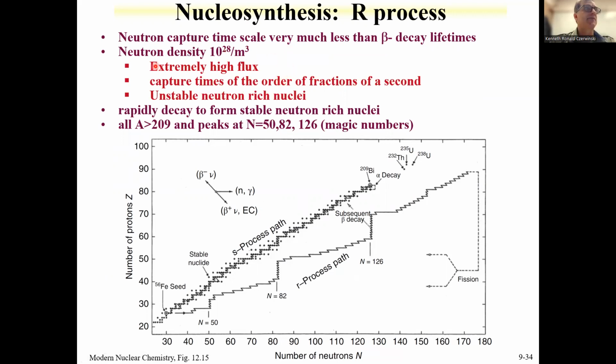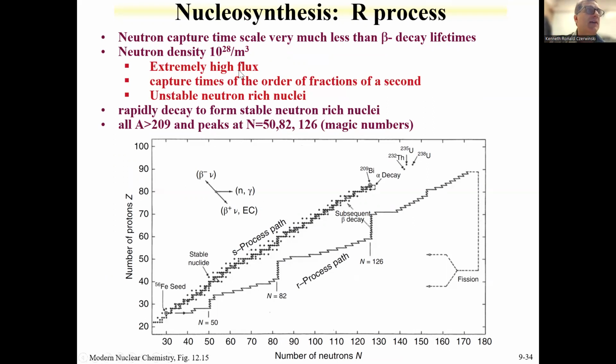So these are extremely high fluxes. The neutron density is on the order of 10 to the 28th neutrons per meter cubed. This is around 50 molar. Let's say it's around the same molarity as water. So imagine that the density of neutrons is similar to the density of liquid water.